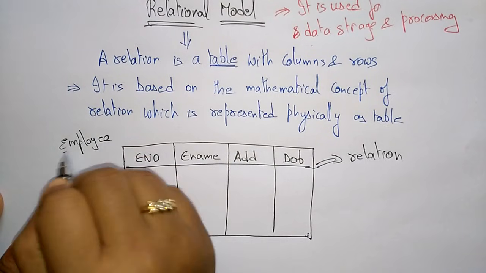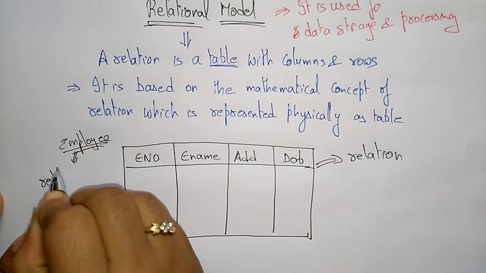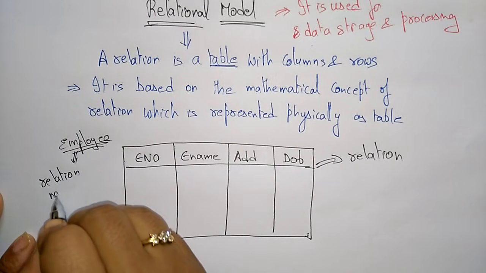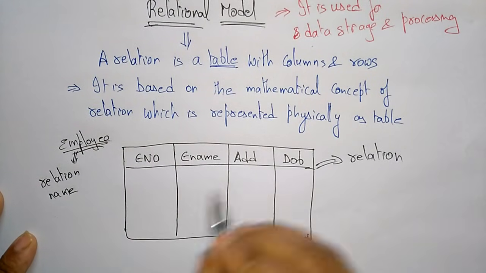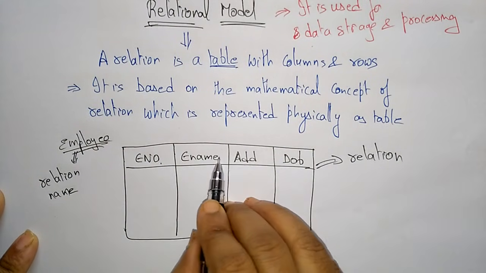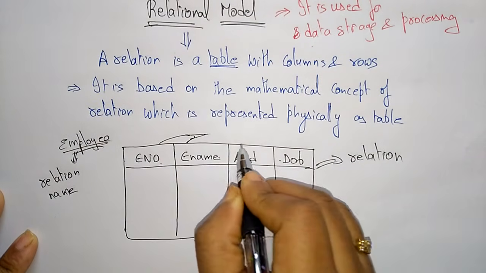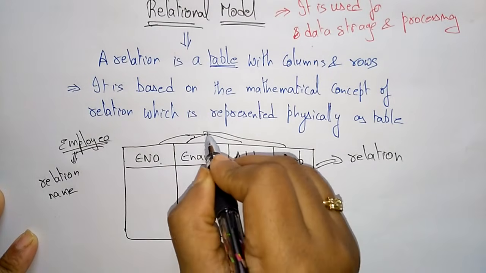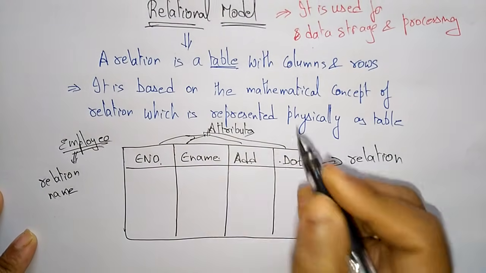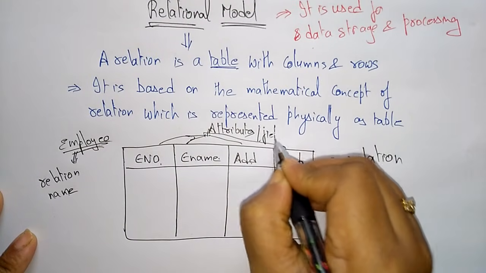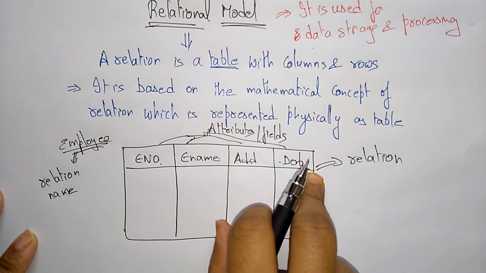Employee is the table name, which you call the relation name. Employee number, employee name, address, date of birth are all called attributes, or fields. These column names you call fields.